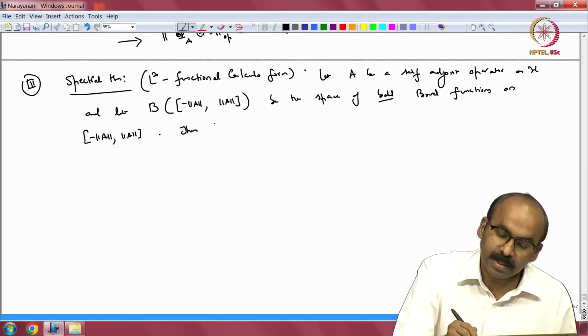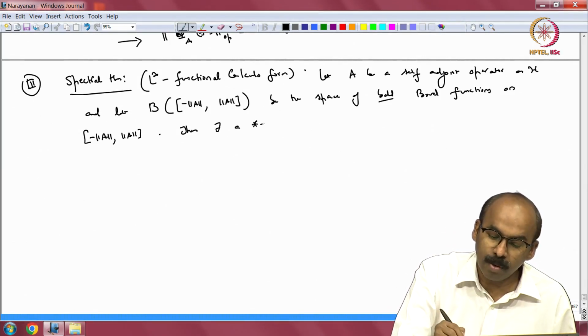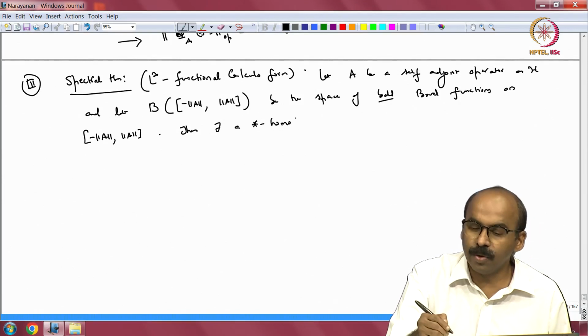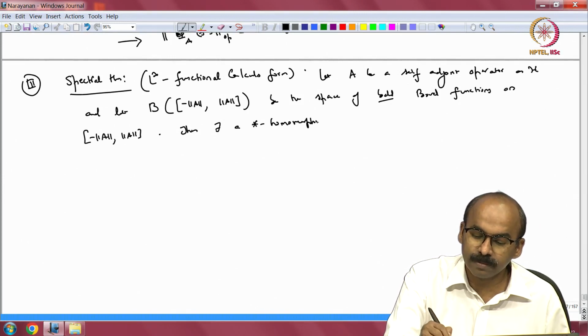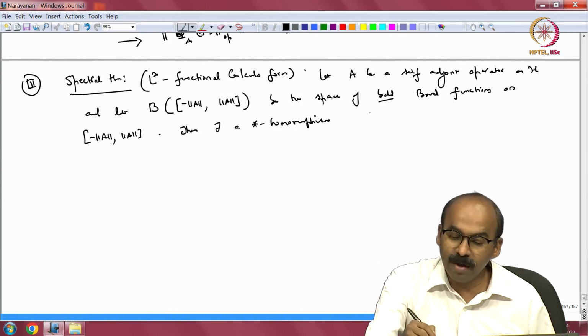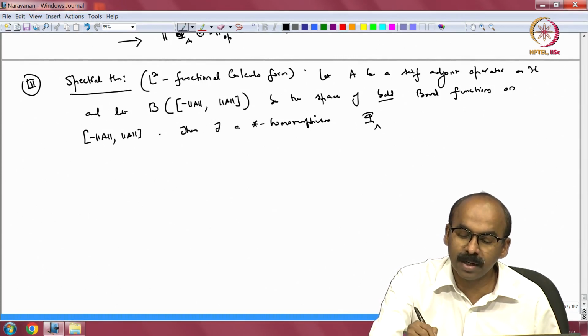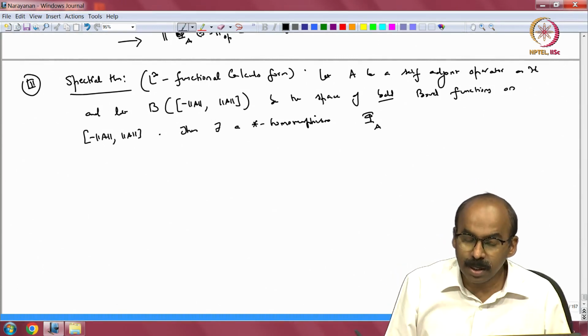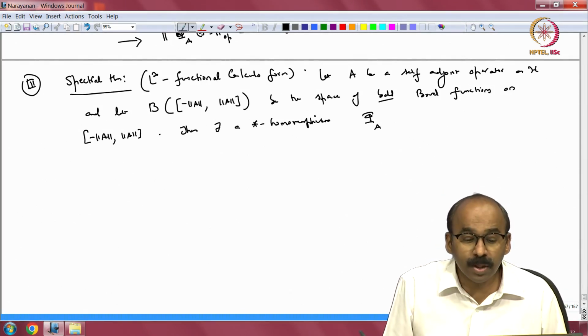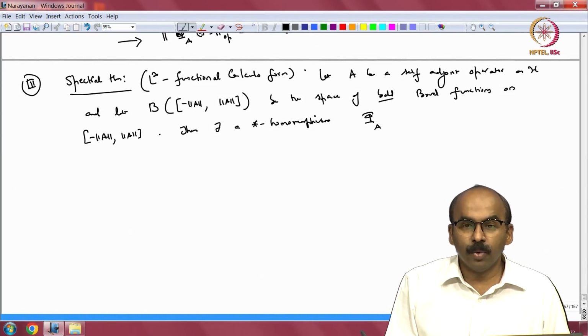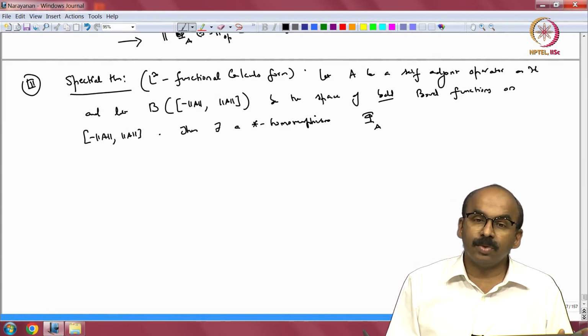Then there exists a star homomorphism. Well, this is also unique, but as I said, we may not bother too much about uniqueness. Let us denote it by phi sub A, because this is going to be consistent with the continuous functional calculus. All continuous functions on minus norm A to norm A are bounded, so they will be in B of minus norm A to norm A, and we use the notation phi sub A for the continuous functional calculus, the homomorphism that comes from there, and that is what extends to L infinity functions.